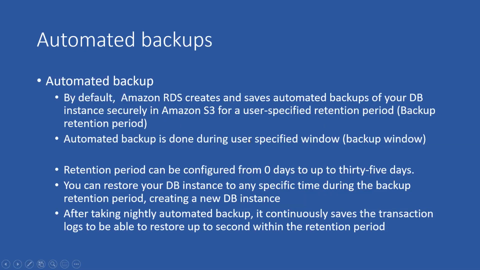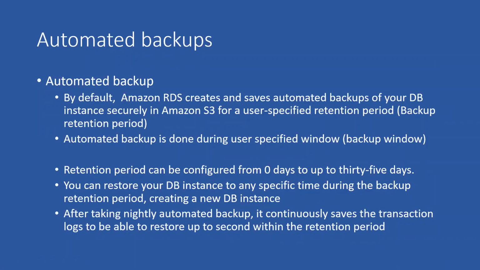Automated backup is done during a user-specified window, which is called the backup window. Before we go any further, I'll show you what I mean here. You can restore your DB instance to any specific time during the backup retention period, creating a new DB instance.